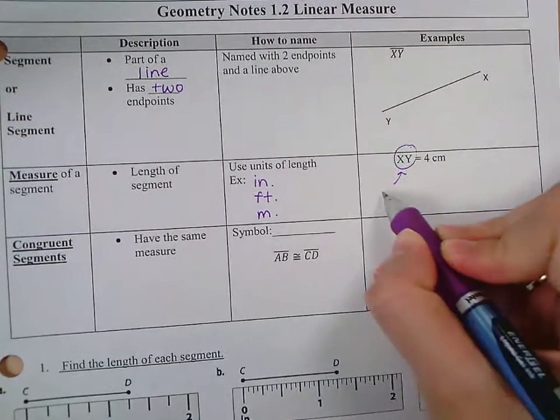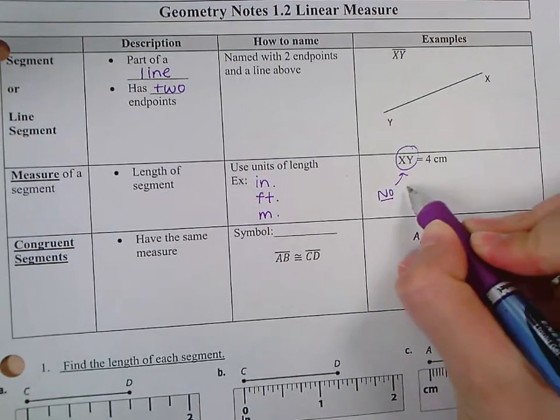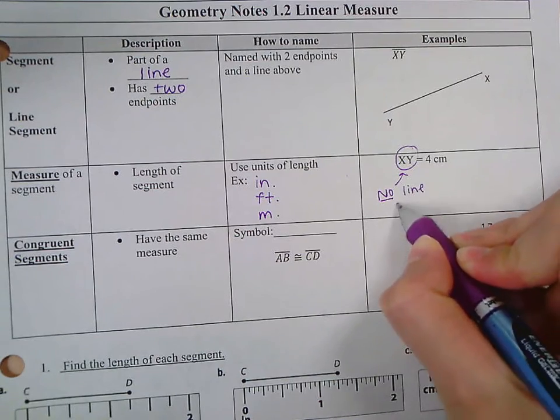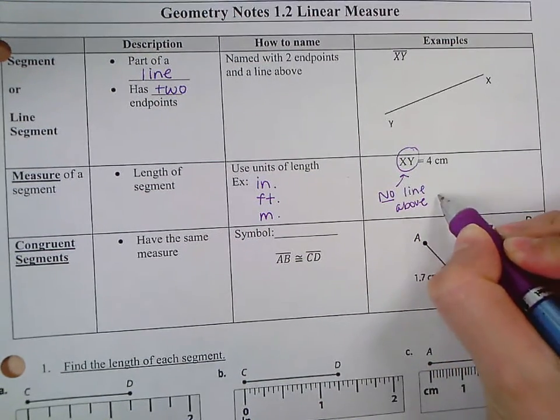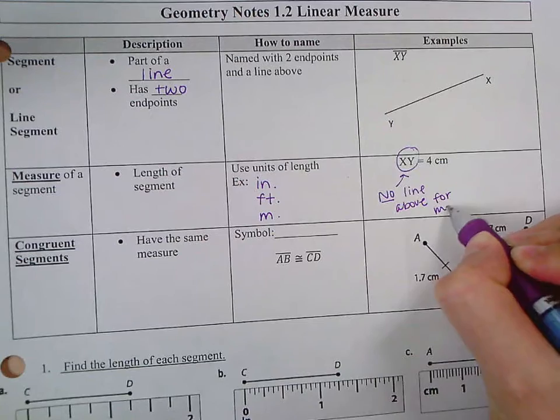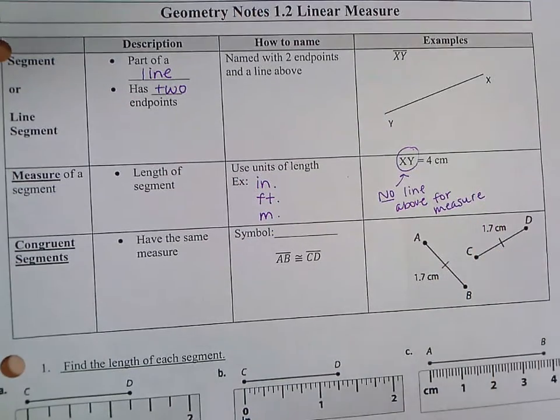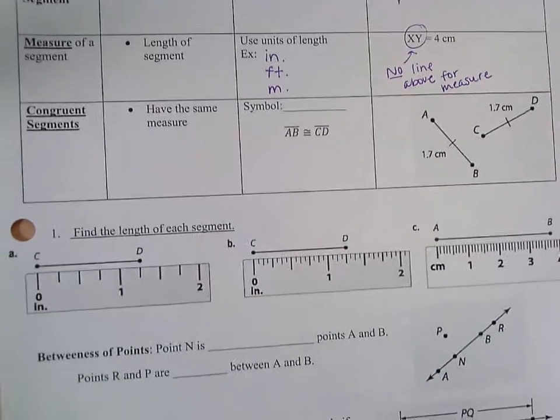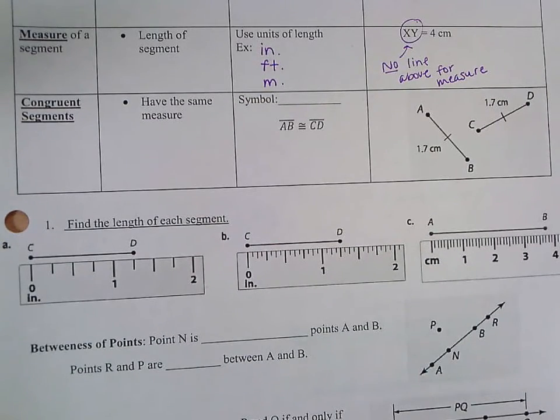So make a note to yourself: there is no line above for a measure. If you're saying how long a segment is, you don't put a bar above the letters. There's a lot of notation here with geometry, understanding what things mean and then how to write and label everything.